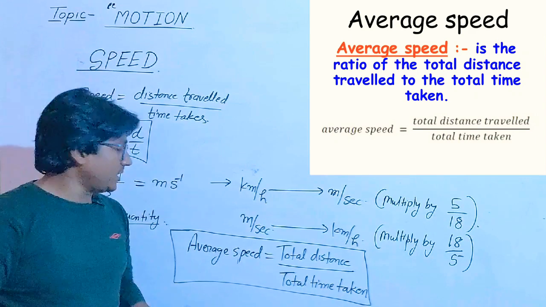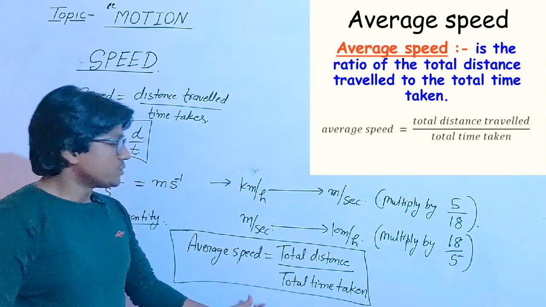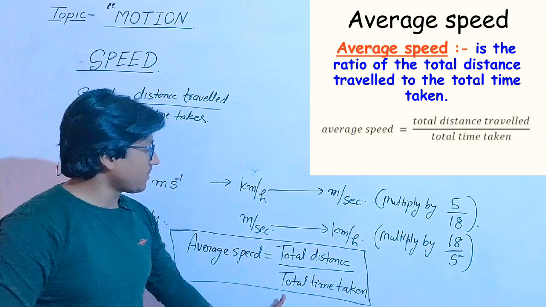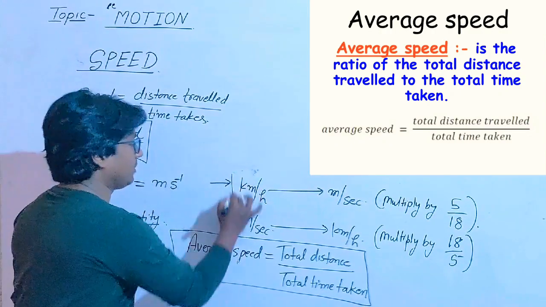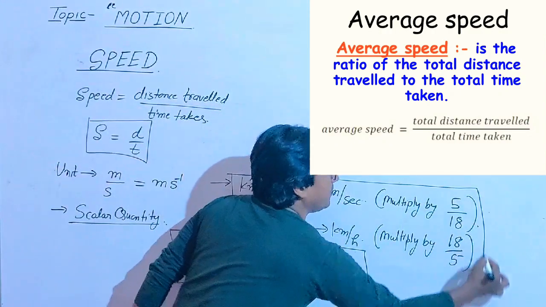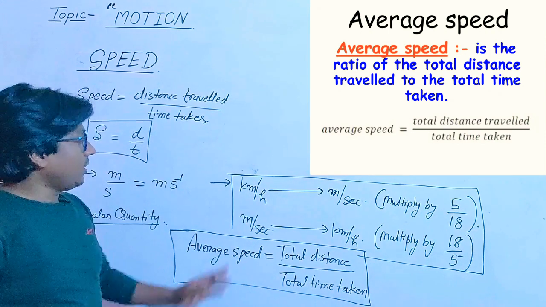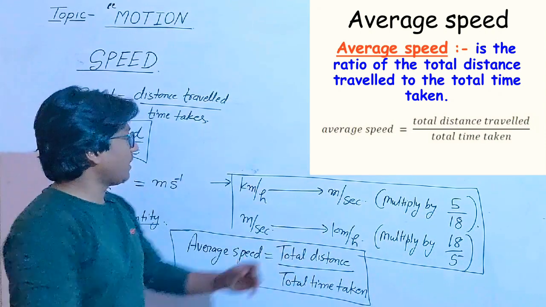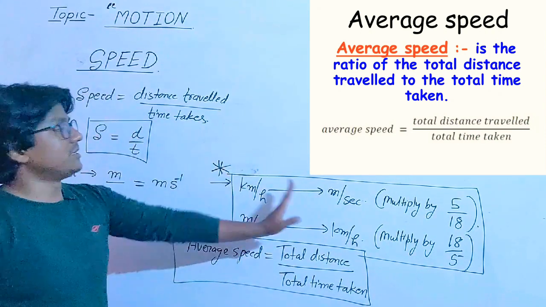Sometimes in a numerical question it is asked what the average speed is. So average speed is total distance upon total time, and if you have to change the speed from kilometer per hour to meter per second, or meter per second to kilometer per hour, we can use this.